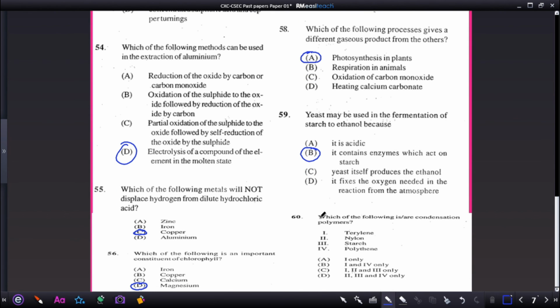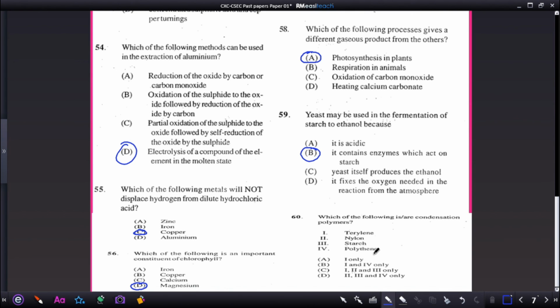And question 60. Which of the following is or are condensation polymers? Terylene is the condensation polymerization of esters. Nylon is the dioic acid and the diamine.